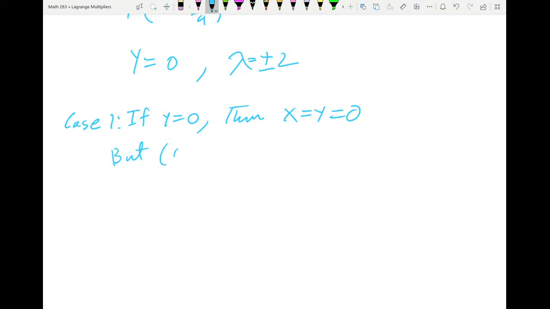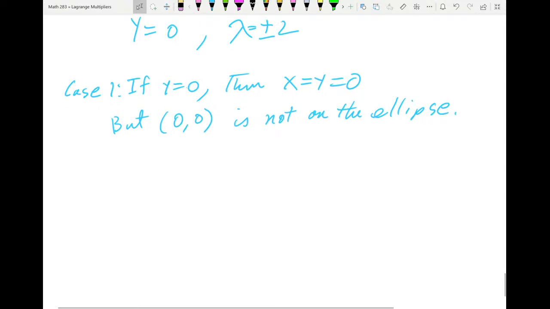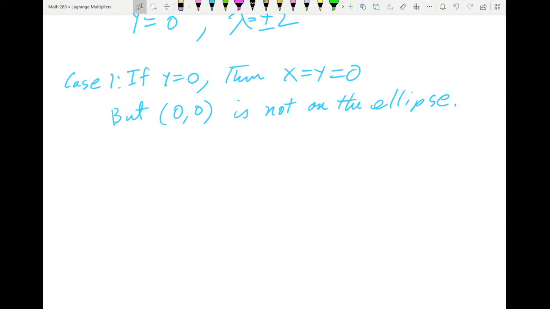But what do we know about 0? 0 is not on the ellipse. So let's look at another case. It has to be on the actual boundary or something inside. Yeah, it's going to be on the boundary. This is where the constraint happens, right? You get this surface, and the constraint is right by that ellipse. Constrained by the boundary.